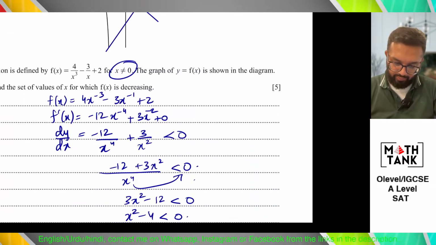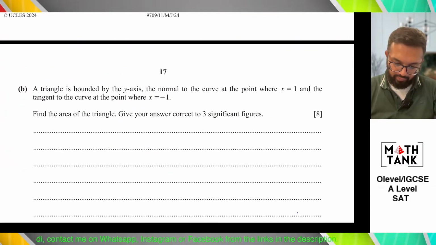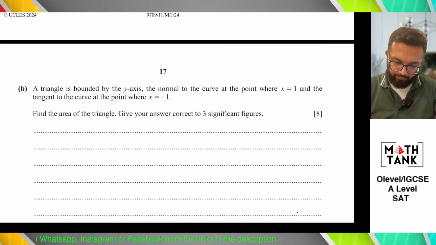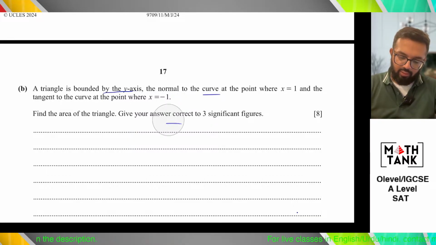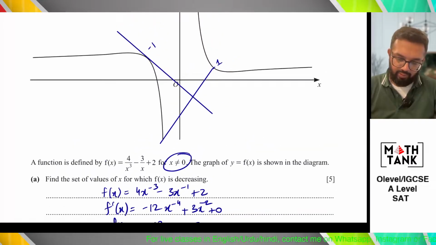What area am I asking you to find? I am asking you to find the area between the y-axis, the normal to the curve, and this. Find the area of the triangle, giving your answer correct to 3 significant figures. I am asking you to find probably this area.